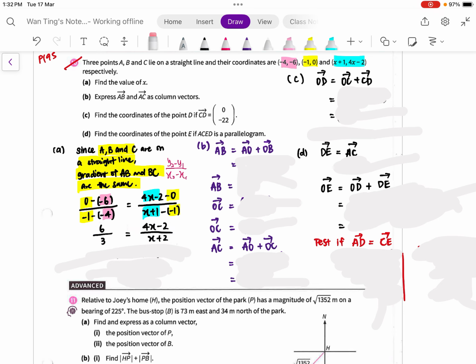This is what I will get. Then do the cross multiply, and then I solve for x. I've gotten my x as 3.